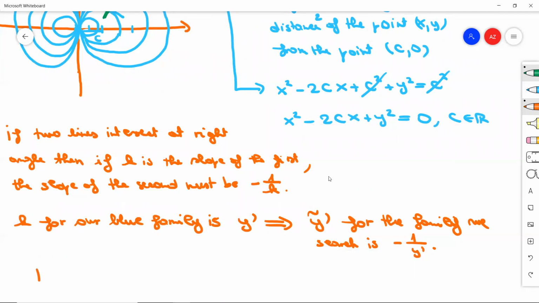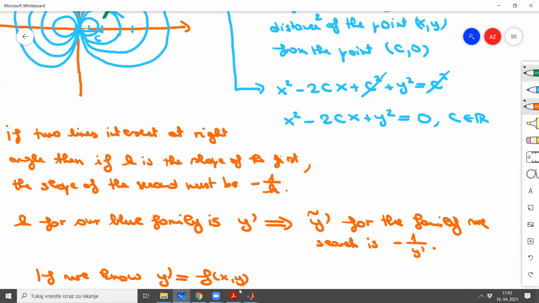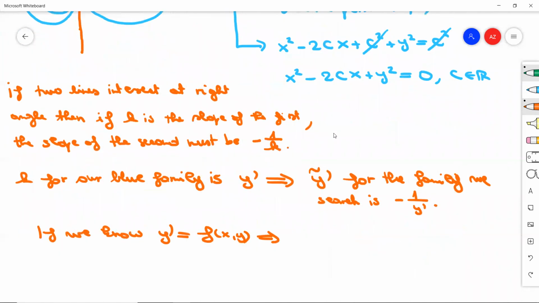And if we find y prime, we'll have an equation. So if we know that y prime is some function of x and y, then what we will know is that we are in fact solving the differential equation minus 1 over y prime is equal to the same function of x and y. This is what we will have to determine.